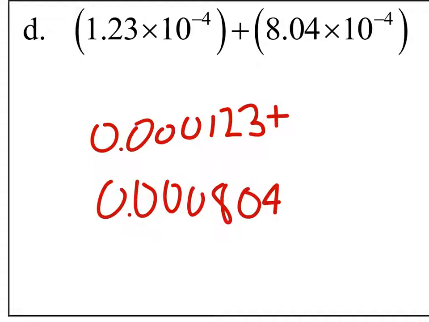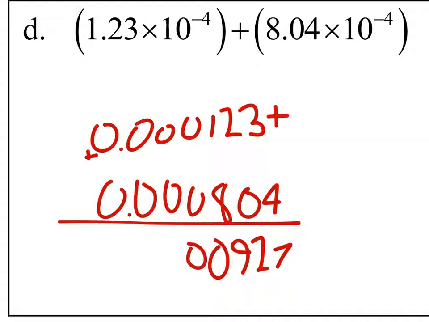And then if we add those together, let's add those, you get a total of 0.000927. That's a small number. That's the answer, right, Mr. Snow? Alright, that is the standard form.